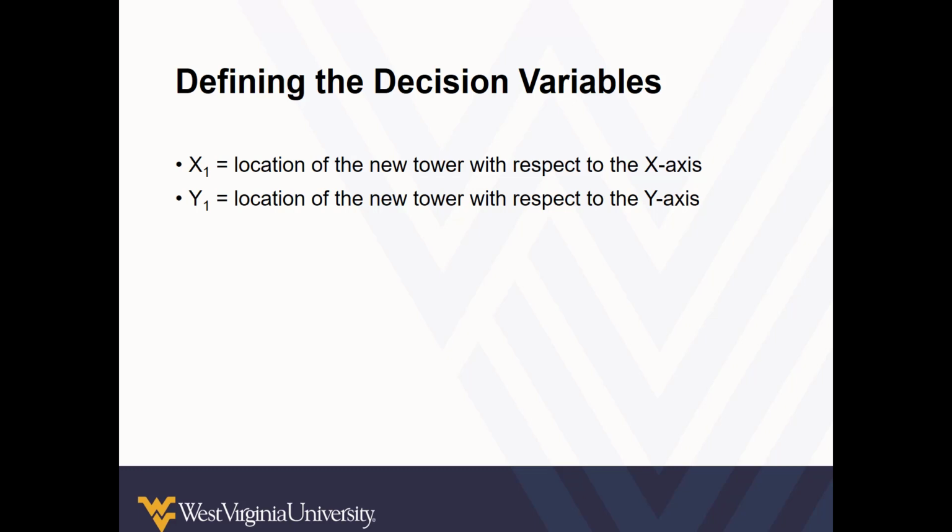And note that this is equivalent to minimizing average distance as well. The coordinates of the new tower represent the decision variables in this problem, which are defined as x1, the location of the new tower with respect to the x-axis, and y1, the location of the new tower with respect to the y-axis.